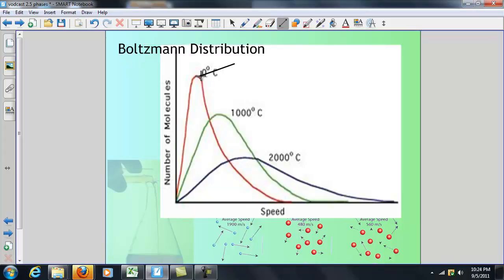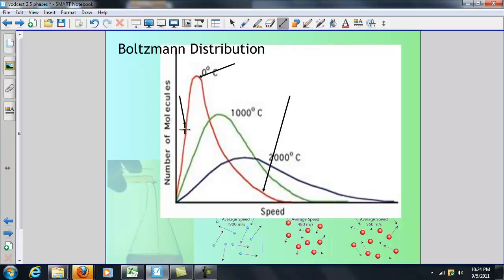It doesn't mean all of it, but that's sort of the average. There are some molecules in the red, like down here, that have a lot of energy, or a lot of speed. Remember, speed basically means energy to us. And there's quite a few that don't have very much, that's really low speed. So high speed over here, low speed here, and the average is somewhere in here.